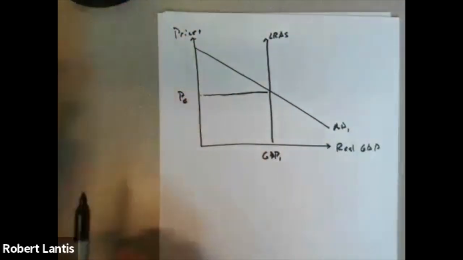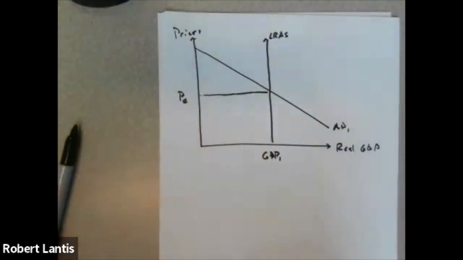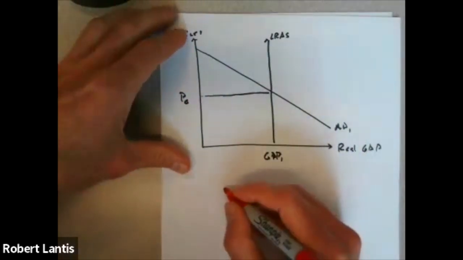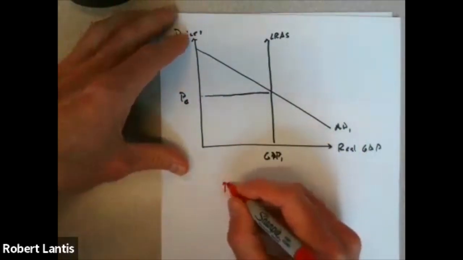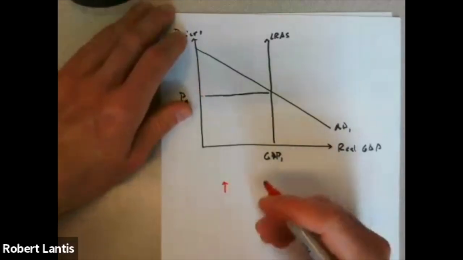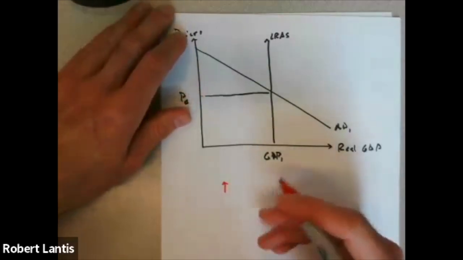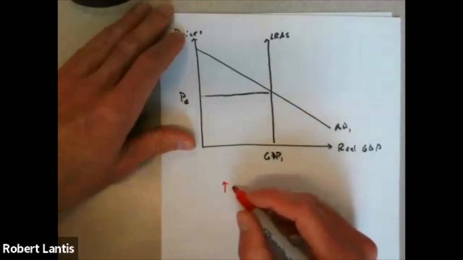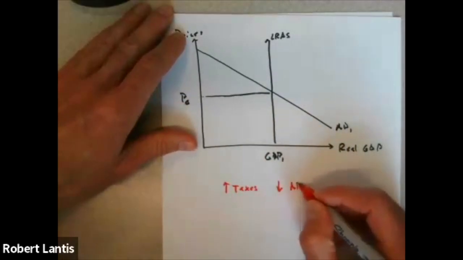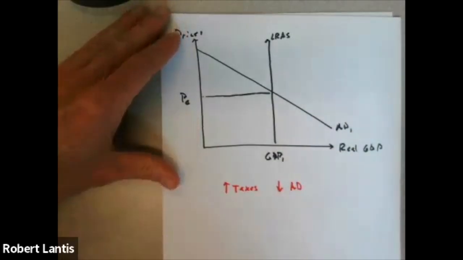If I saw an increase in taxes, we said aggregate demand is kind of like our expenditure approach to GDP. So if we have higher taxes, people have less money to spend. So an increase in taxes is going to cause a decrease in our aggregate demand.